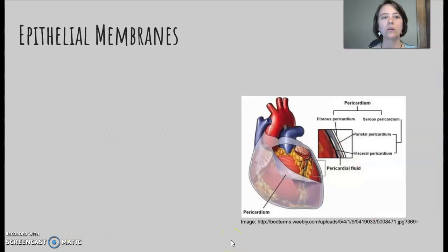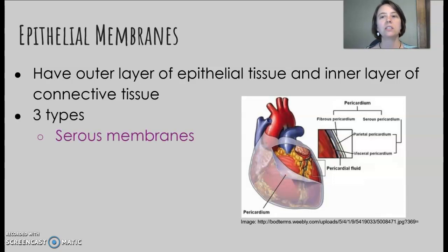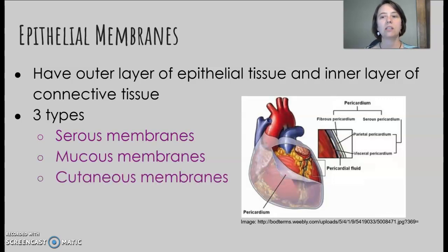There are two categories of membranes we're going to talk about: epithelial membranes and connective tissue membranes. So an epithelial membrane has an outer layer of epithelial tissue and an inner layer of connective tissue. There are three types of epithelial tissue: serous membranes, mucous membranes, and cutaneous membranes. You don't need to write those down just now, but we will get into them on the next slide.